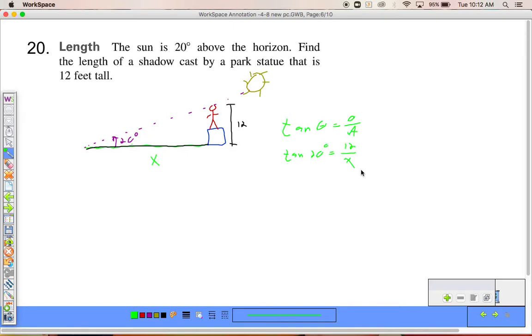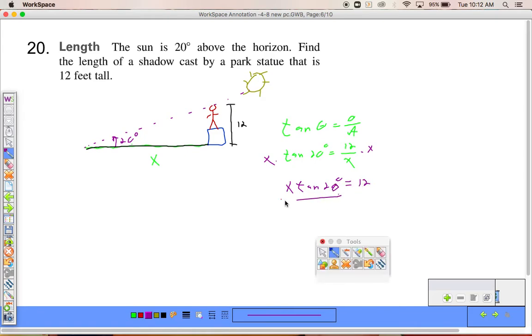So it's all about setting up the triangle. All the problems we do to the end, another 3 problems, is setting up the triangle. All right, from here, I'm going to multiply by x. I'm going to divide by the tangent of 20, and I'm not doing any math yet.